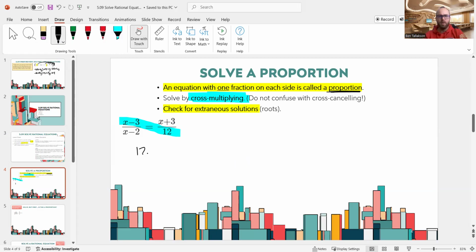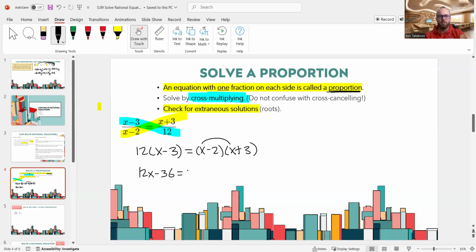So we have 12 times x minus 3 equals, right? We're still dealing with an equation, equals, and cross multiply these. x minus 2, x plus 3. Okay, we'll distribute that 12 to the x and the 3. And here we can use FOIL or box method.